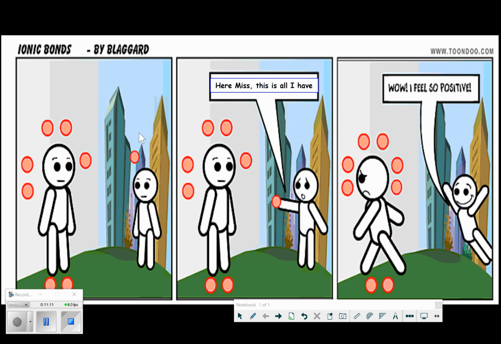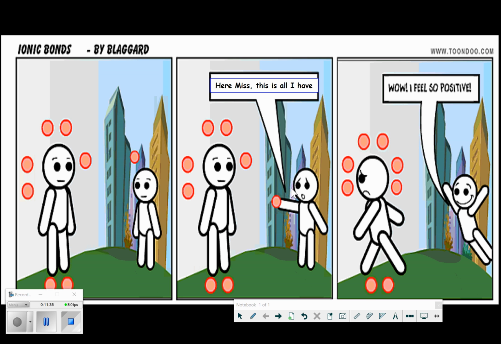All right, this is another picture of it. These two are neutral. Look at their faces. They do not have any charge. They have the same number of protons as electrons. This guy has an extra electron, so he's going to give his electron to her. That takes him down to a noble gas.